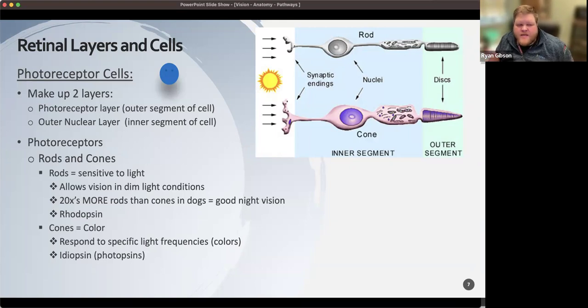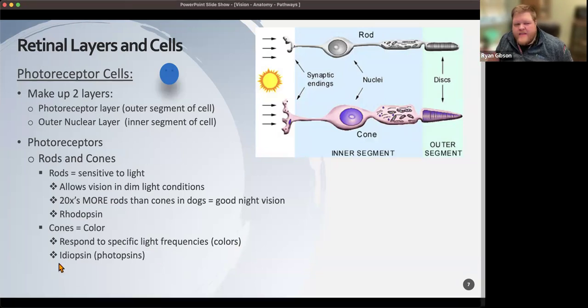And then rhodopsin is the chemical that gets excited, gets stimulated due to light. So rhodopsin, rods, light. When we deal with cones, cones respond to specific light frequencies. Remember that color is a response to light frequency and how light bounces off of whatever pigments are in there.